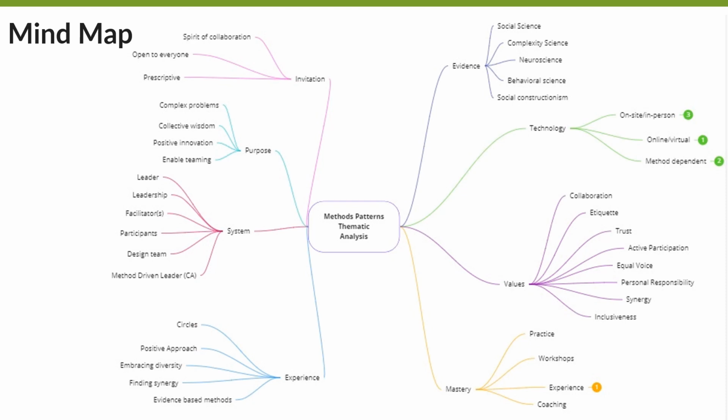It's easy to pick it up just by practicing, you embrace it and dive in and do it. Workshops, experience. Over time, you just become experienced and you get better, and that's how you work your way to mastery. And there's coaching and mentoring. So lots of different insights on the mind map started coming together for me at this stage in the process.